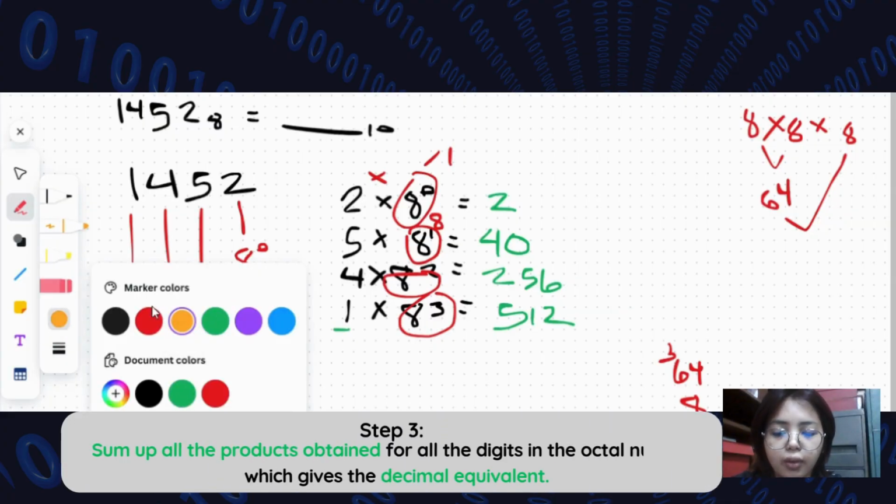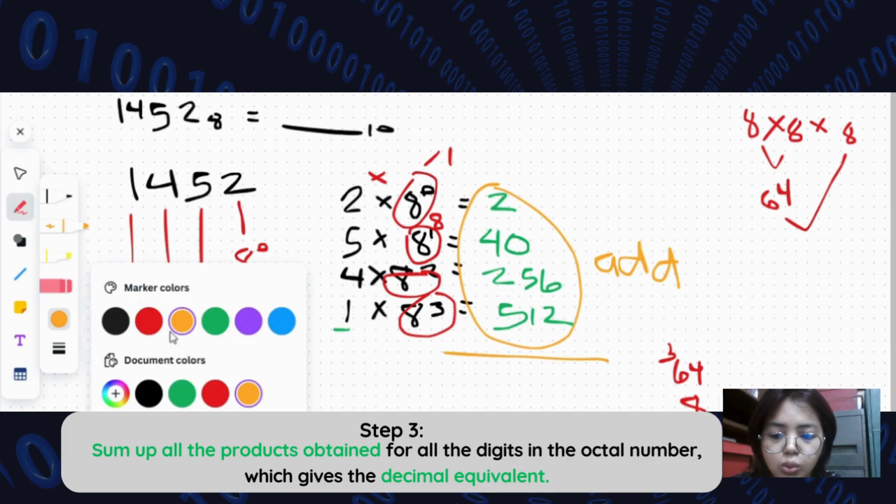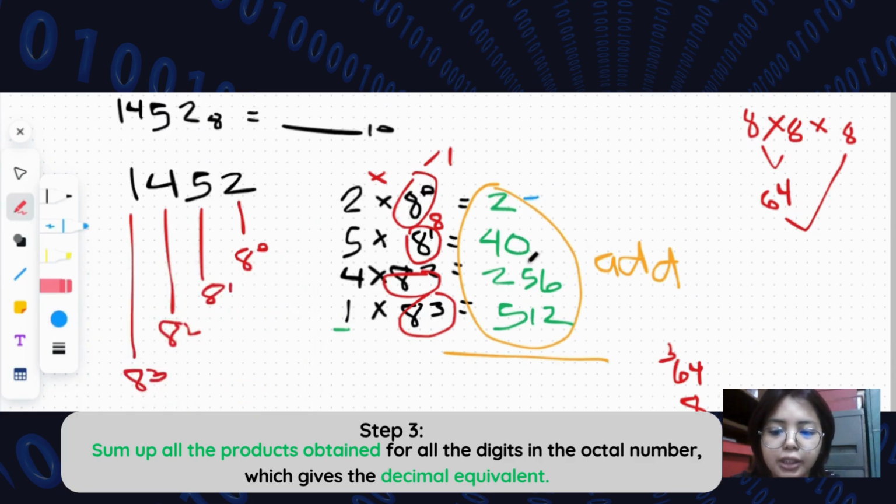So, to get our decimal equivalent of this octal, we have to add all these numbers. So, let's try to add. 2 plus 0 is 2, plus 6 is 8, plus 2 is 10.